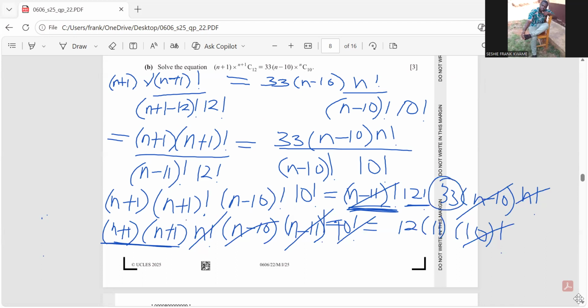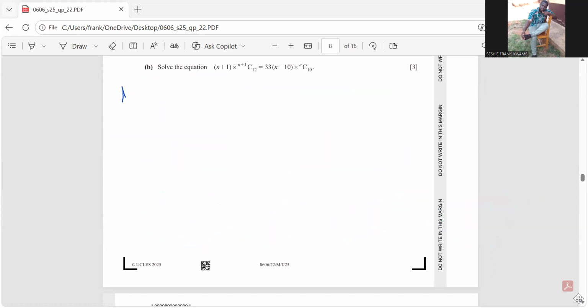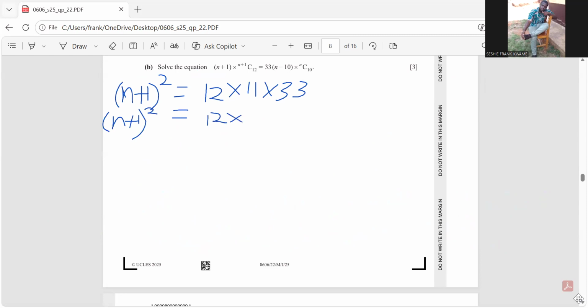Times the 33 here. The 33 is also part here. So what is left is (n+1) squared is equal to 12 times 11 times 33. I can write this as 12, 11, 3, 11.